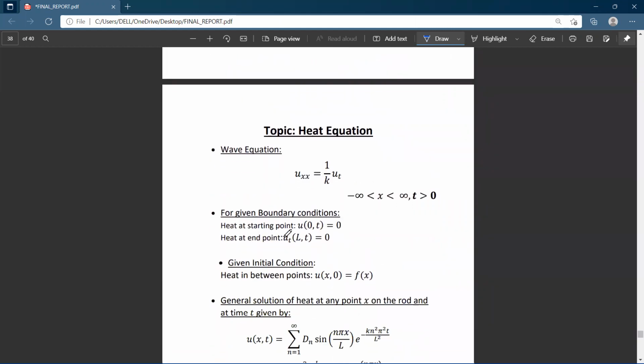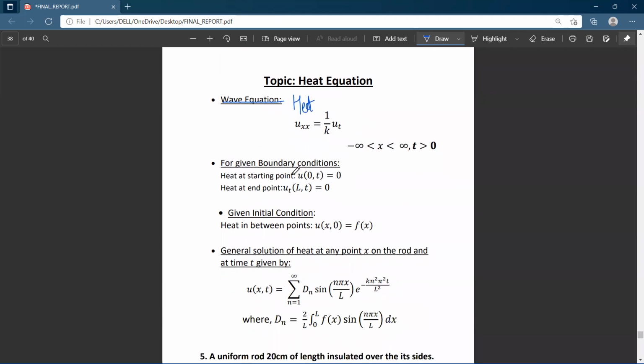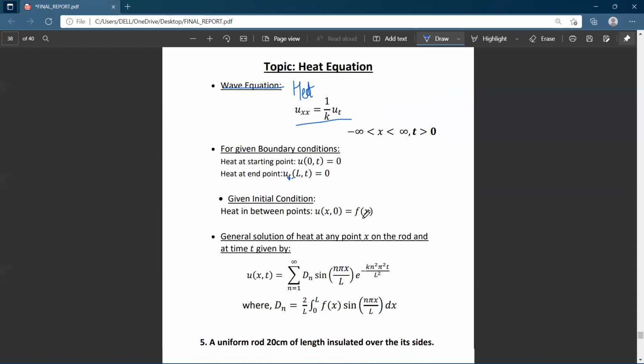Now similarly, another example for the heat equation. The boundary conditions are given by these equations: u(0,t) = 0 and u(L,t) = 0. The initial condition is u(x,0) = f(x).